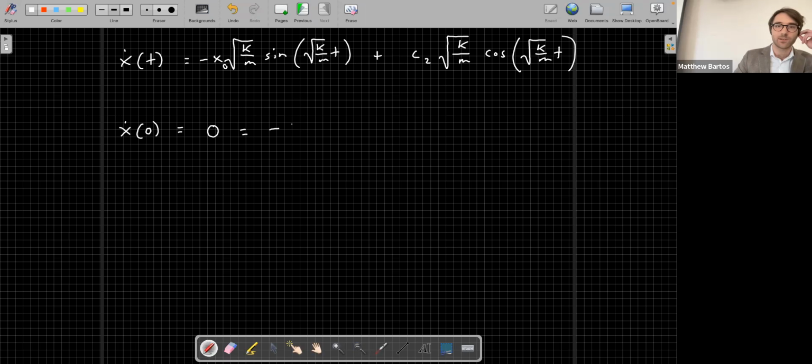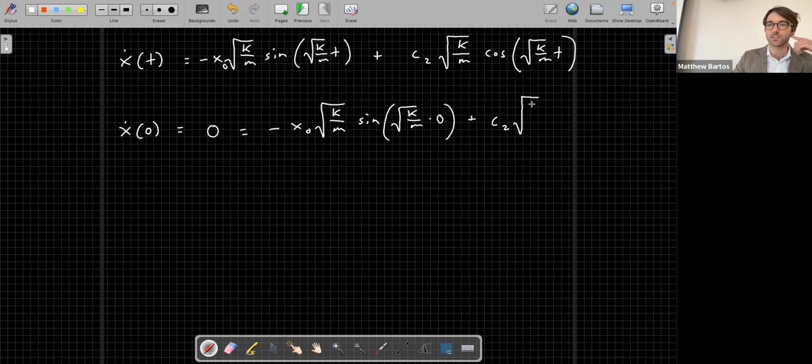So we get negative x naught times square root k over m sine square root k over m at time 0 plus c2 square root k over m cosine square root k over m time 0.